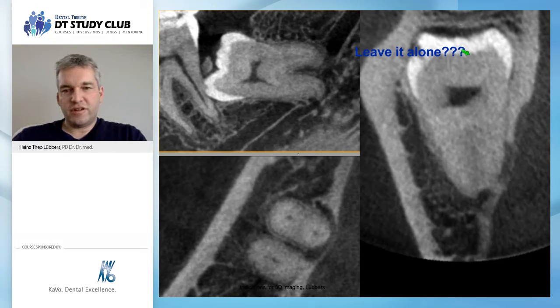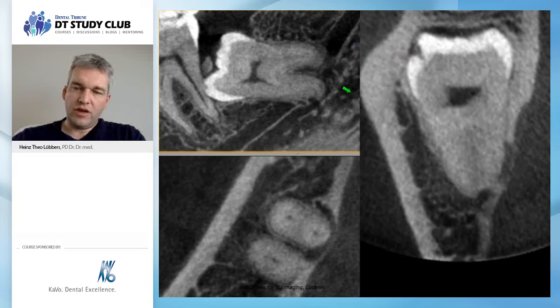Another question is this tooth. So what would you do with it? It's got a nerve right here, close to the root, compressed, really pressed into the lingual cortical plate. And what do you do with it? Leave it alone would be an option, actually, if you see the situation.